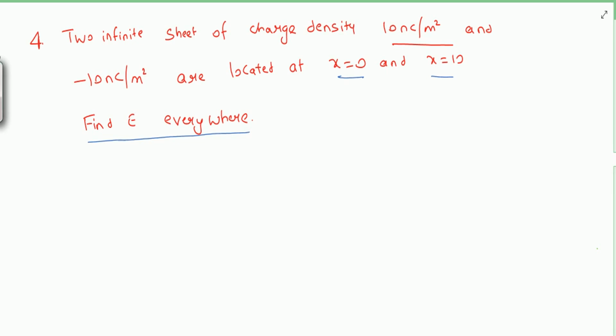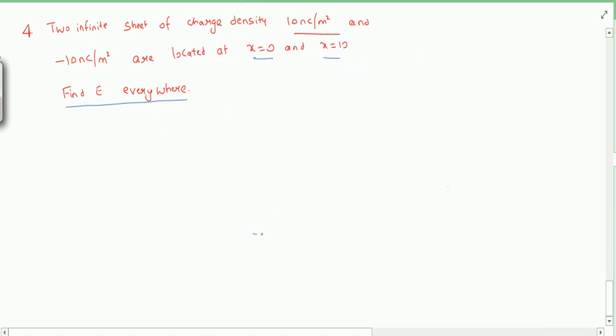So let us make the x-axis and place the charges on it. Suppose this is my x-axis with a 0 point here. The first plate is placed here, at x equals 0. It is a surface, not a line.